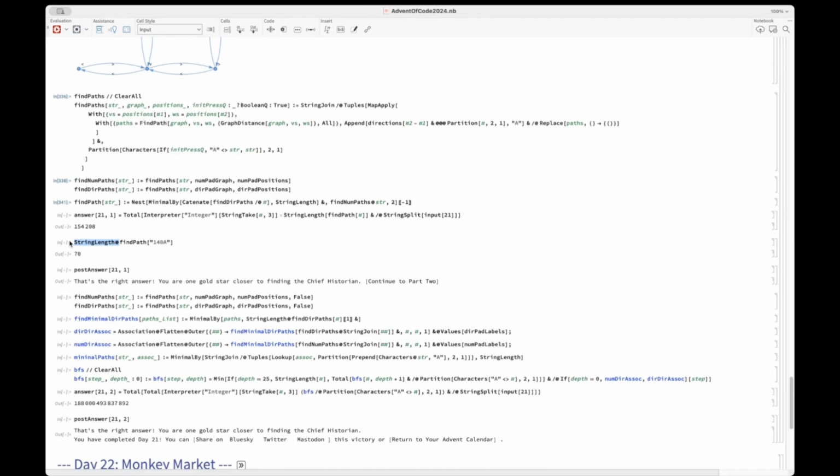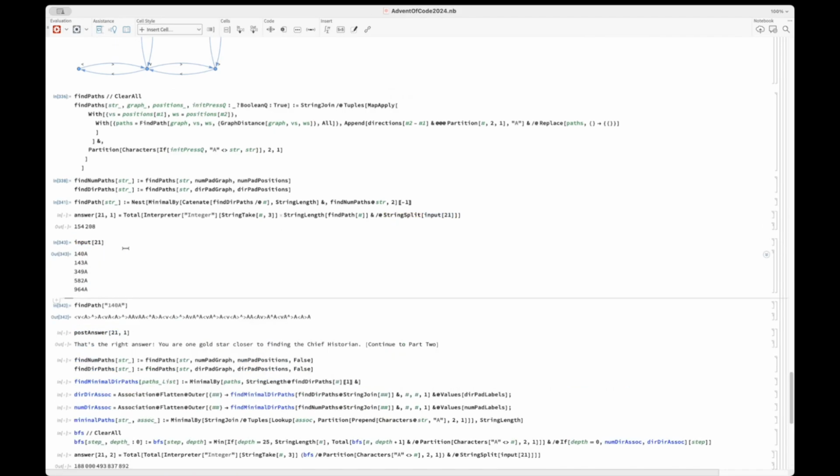Let me see what it actually is doing. Finding the path is just given this string, because the input was just a bunch of those. You need to press these combinations on the numpad, and this is what kind of command you have to send to this chain of robots: two directional robots and the numerical robot.